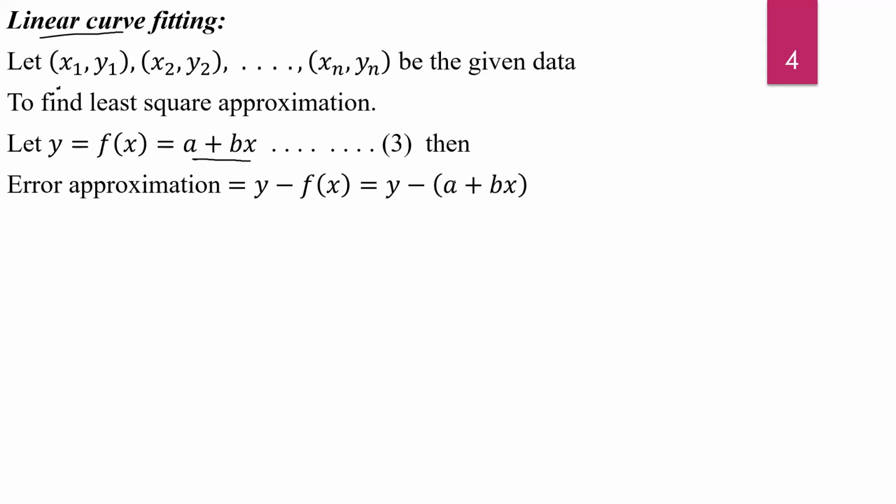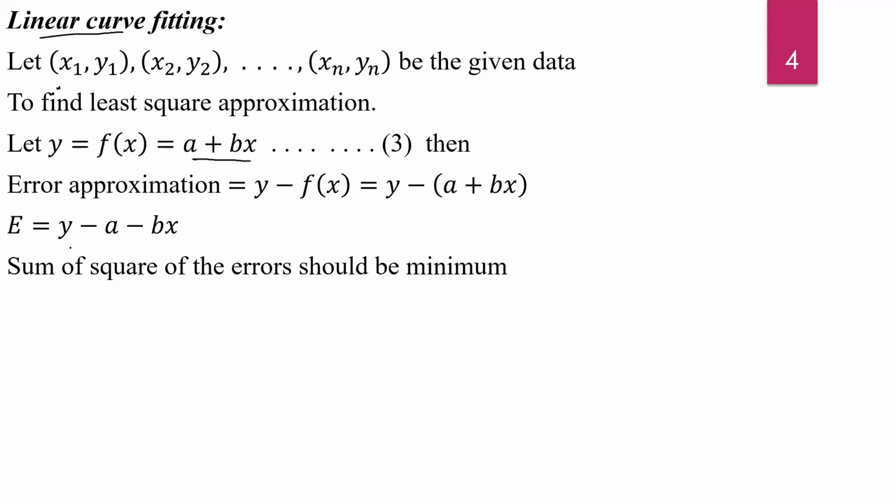Simplifying, error is equal to y minus a minus b of x. Now the sum of the squares of the error should be minimum, so we square here, and this is a function of a and b.